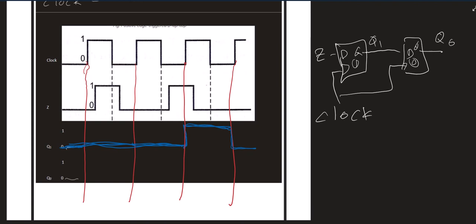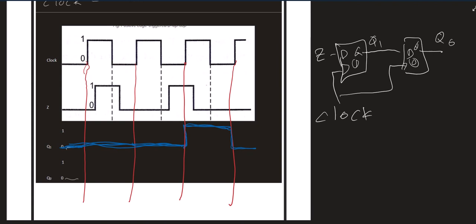So if I'm looking at the edge of the clock, the input is going to be what Q1 was the clock cycle before. Because the clock cycle before is going to be what's sitting right here, ready to go in.